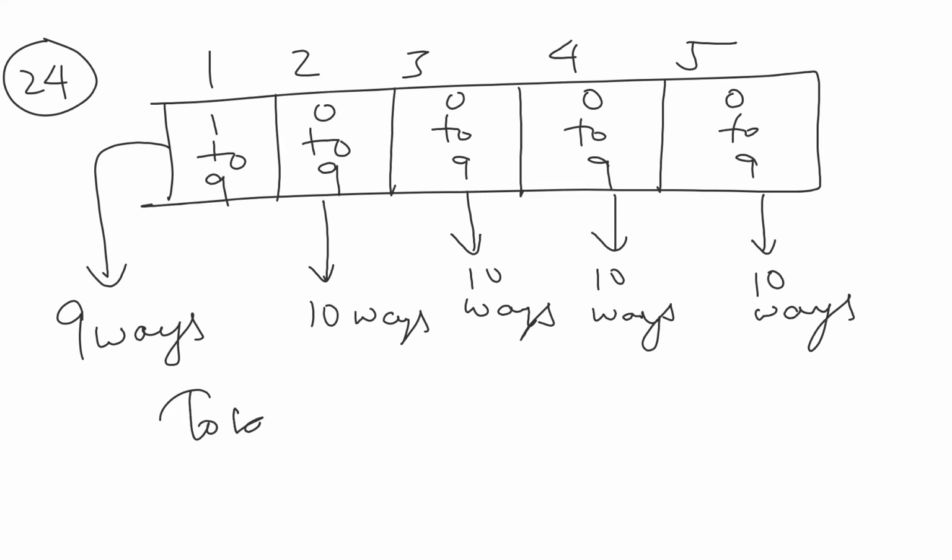So the total arrangements will be 9 into 10 into 10 into 10 into 10, 90,000 ways. Relatively a simple problem.